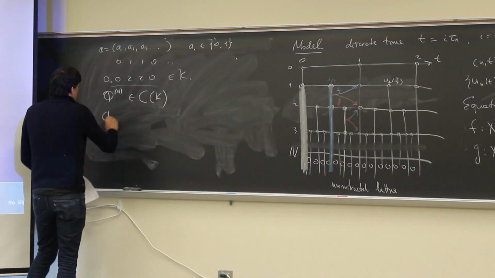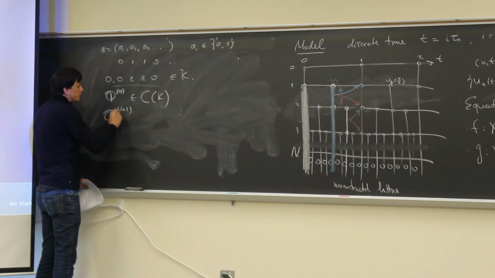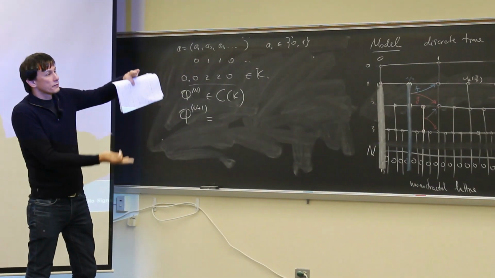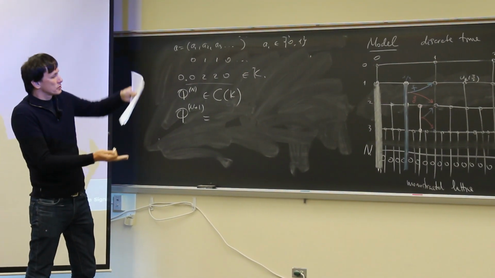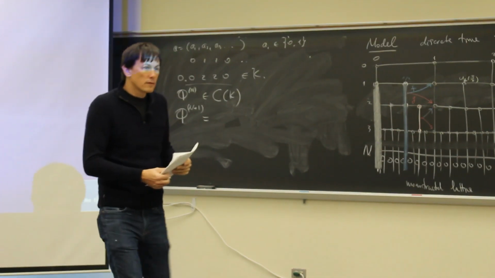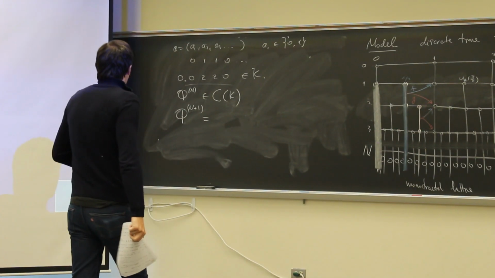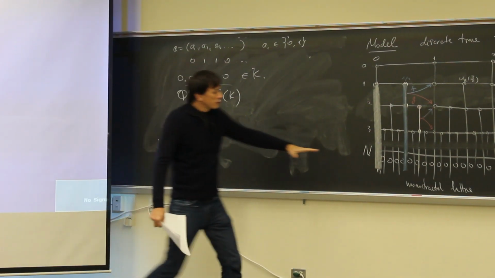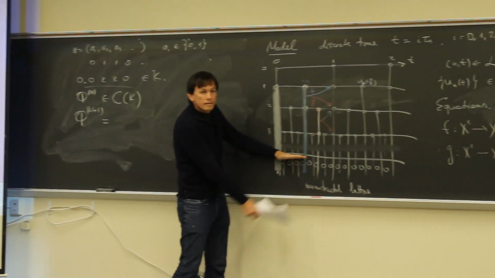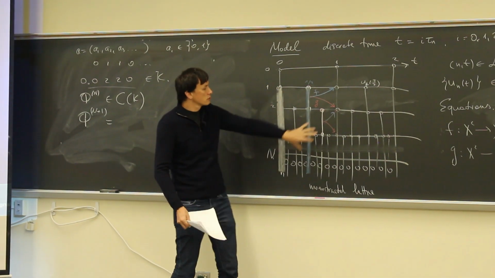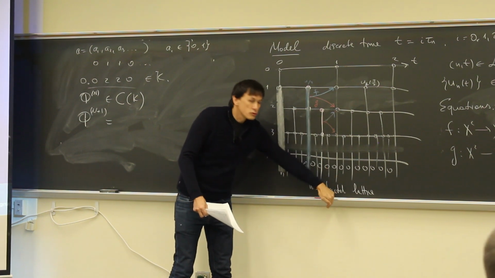So the psi n plus 1. Shift means shift down. First shift up means that you... For any n, it's a continuous function, because we added zeros here. So it maps some collection of numbers with zeros below.